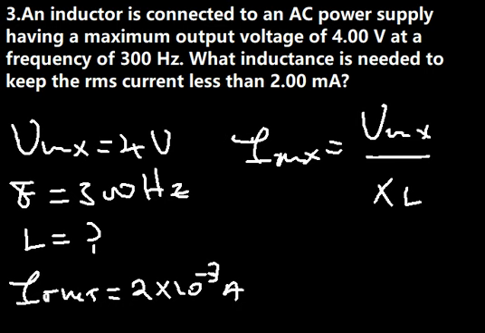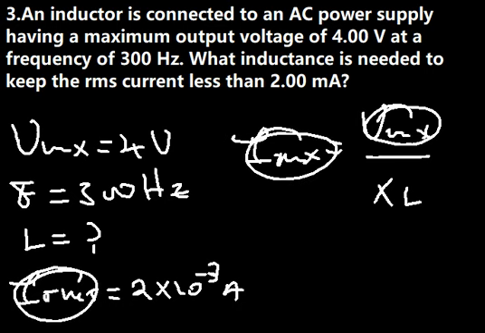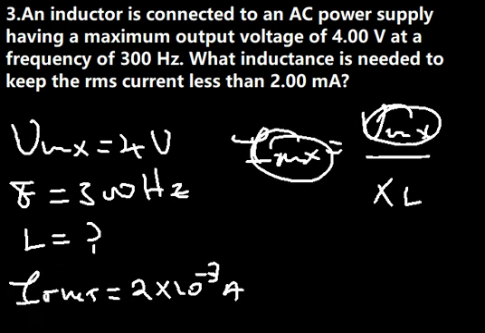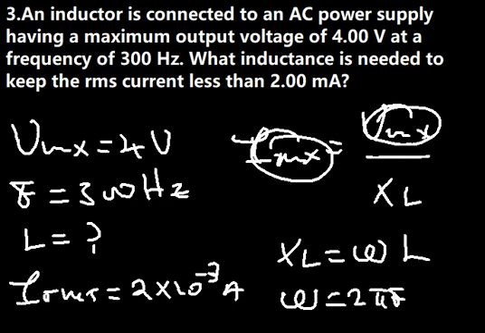Since we have Vmax, we'll be able to have Imax from the root mean square current. If we have Imax, we can get XL. We know that the formula for XL is omega times the inductance, where omega is 2 pi f. You'll be able to solve for inductance in that way. So now you know what is happening there.